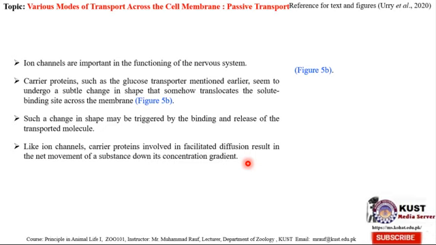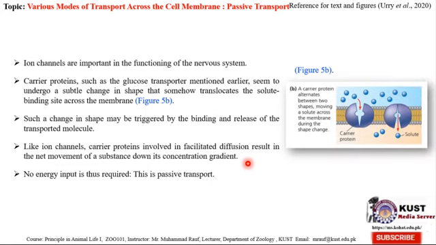The bulk possesses potential energy, and as a result, the molecules disperse in space and tend to move towards areas along their concentration gradient where their concentration is lower. So no energy input is required, and thus it is a passive transport.